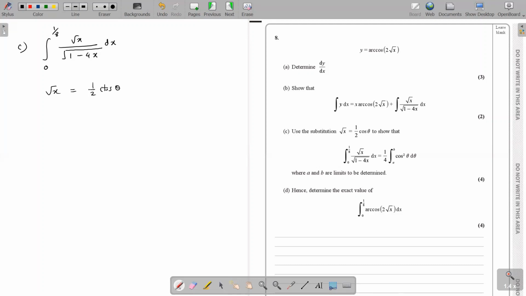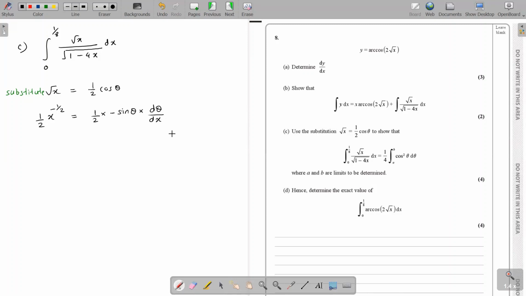Is that correct? Whenever they ask you to substitute, what's the first thing to do? You must differentiate the given substitution. Let's differentiate root x. It's half x to the power minus half. Do you agree? Half x to the power minus half. And then half times cos, differentiation is minus sine theta, and because it's theta, we do it with respect to x, d theta by dx.